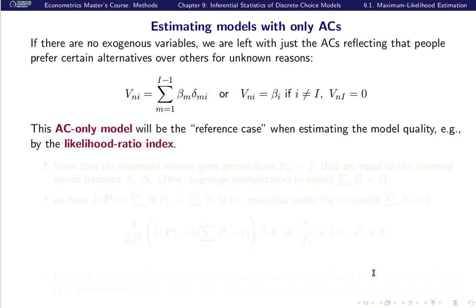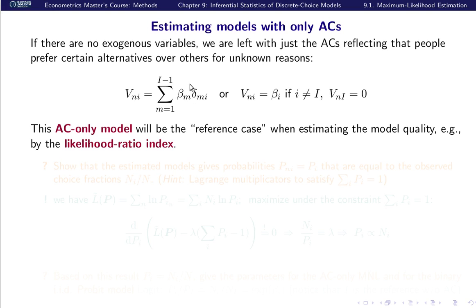So now we start with the first application, just estimating a model with only alternative specific constants. If we have uppercase I alternatives, you know from the last lecture that we have I minus 1 alternative specific constants to completely specify the utilities of the choice set of alternatives without any real exogenous variables.